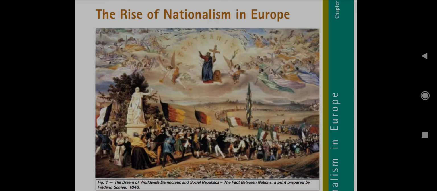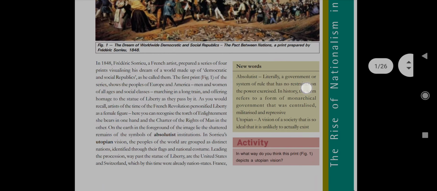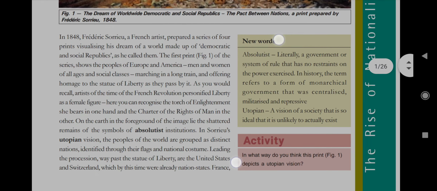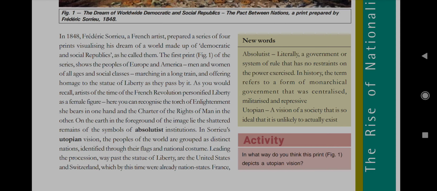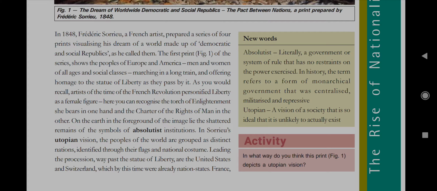So let's begin. This chapter begins with 1848, Frederick Sorrieu. Now, who is Frederick Sorrieu? He's a French artist. He prepared a series of 4 paintings which told about his dream, how he visualized his world to be, that was democratic and social republic.